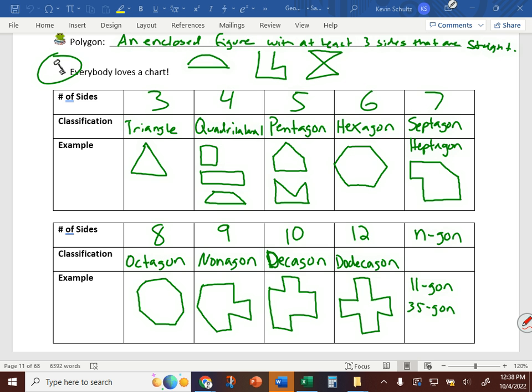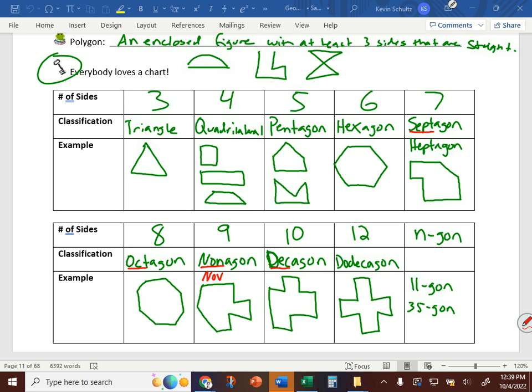If you look at the prefixes for 7, 8, 9, and 10, and I'll give you a hint with 9 because it's close. What do you see, Noah? September, October, November. So all of these names come from the Latin and the Greek, those root words: tri, 3, quad, 4, penta, 5, hex, 6.